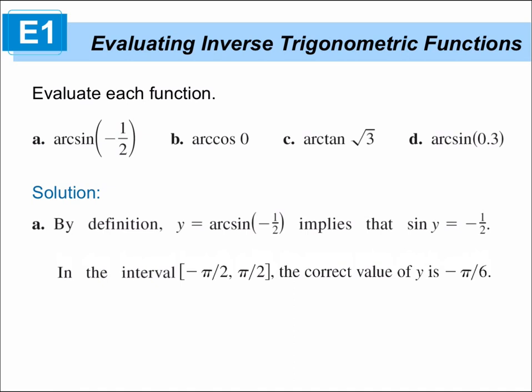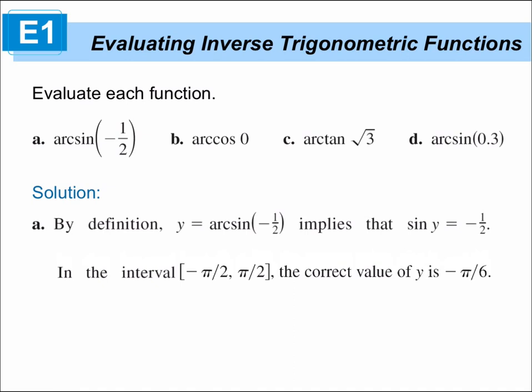Which gets confusing because you learn it one way and then all of a sudden they turn the tables on you. I'm confused, what does the arc represent before? Arc sine is the same thing as the inverse sine. So what you're used to doing is something like, what's the sine of pi over 6?